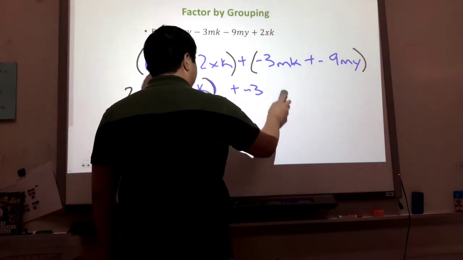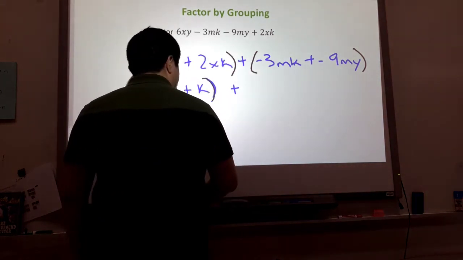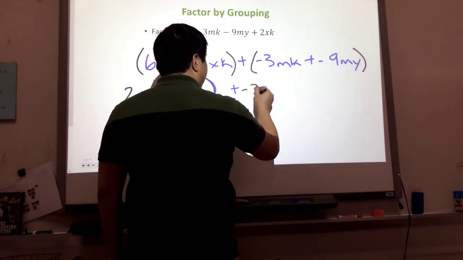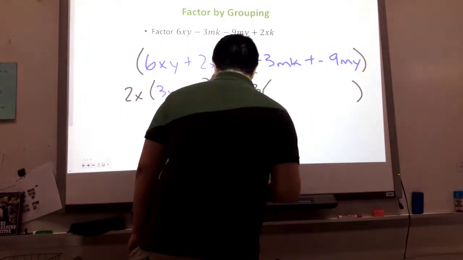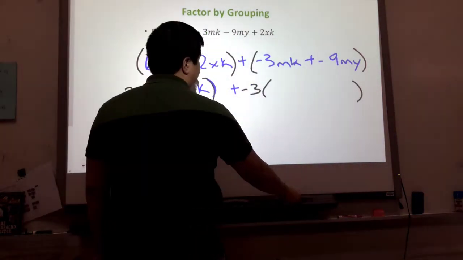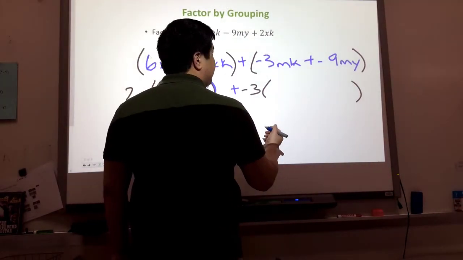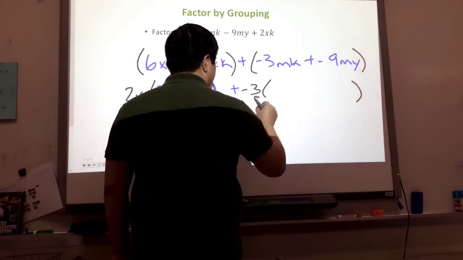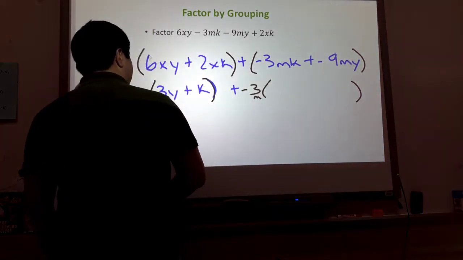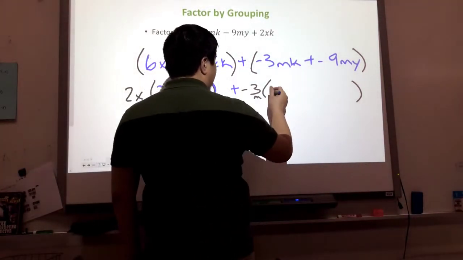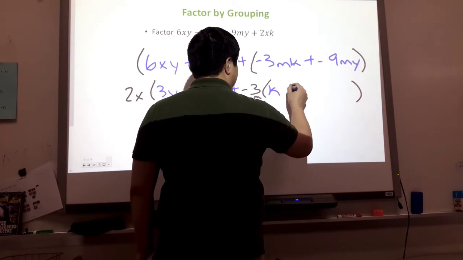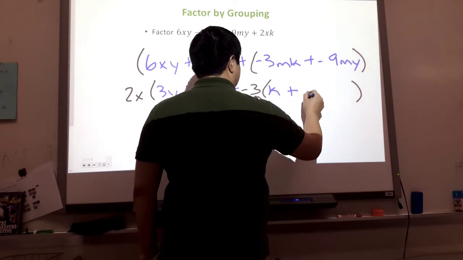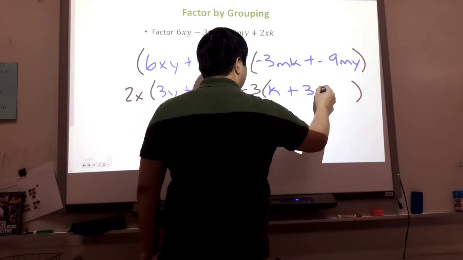What we're left with after we factor out negative 3m is k plus 3y.